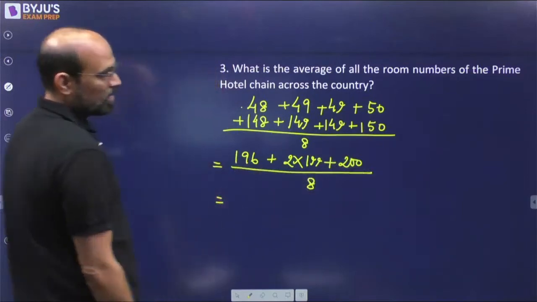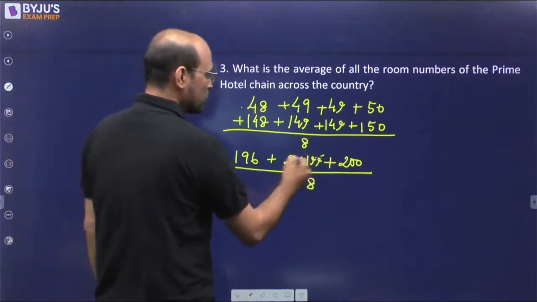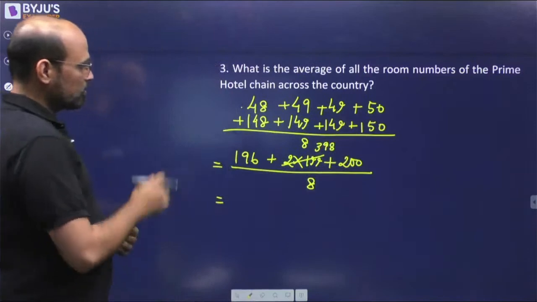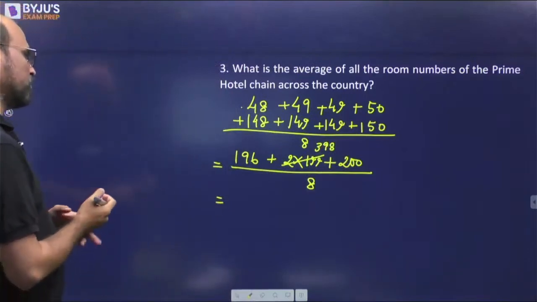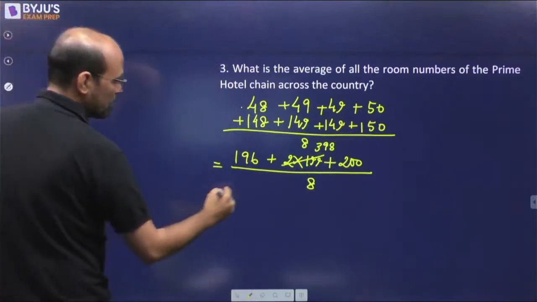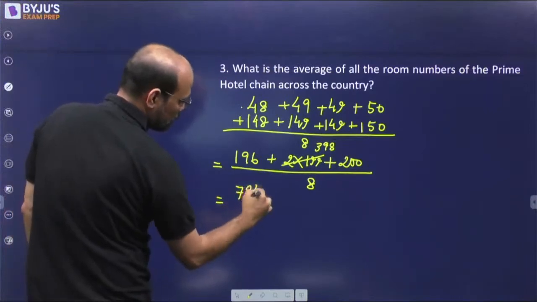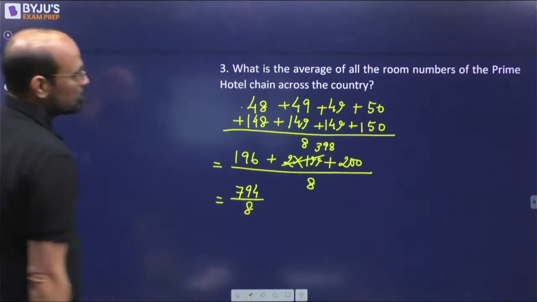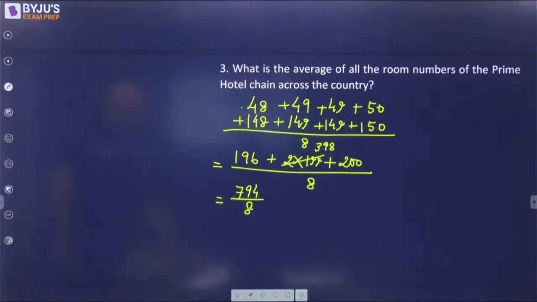So double of 199 is going to give us 398. 398, 200, 5, 6, 794 divided by 8. Is there any calculation mistake? 794 divided by 8?